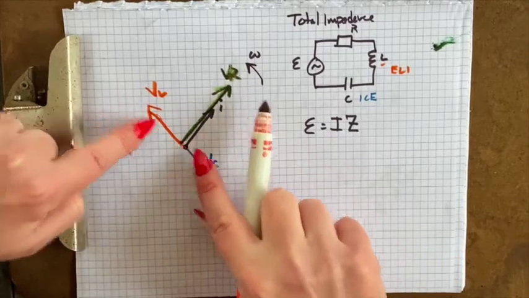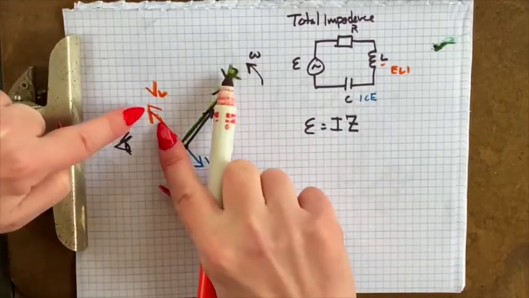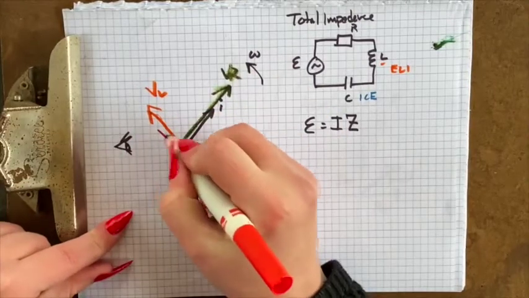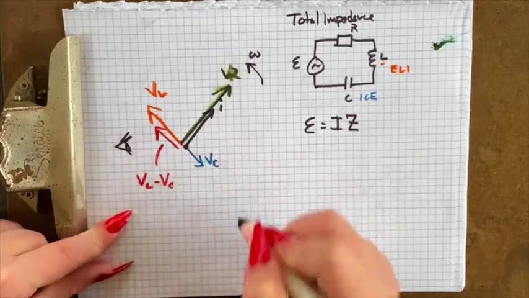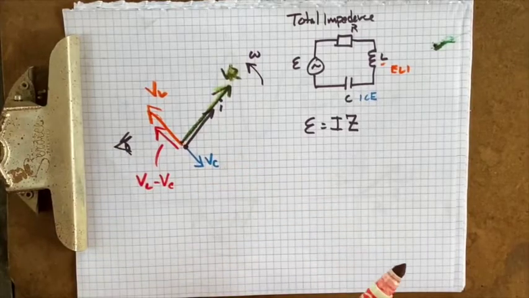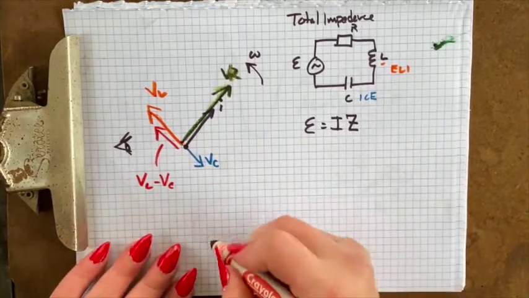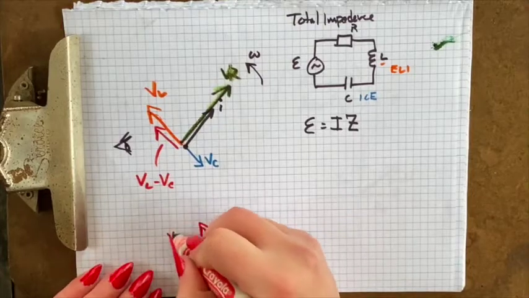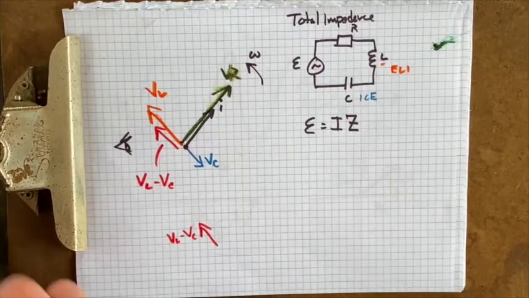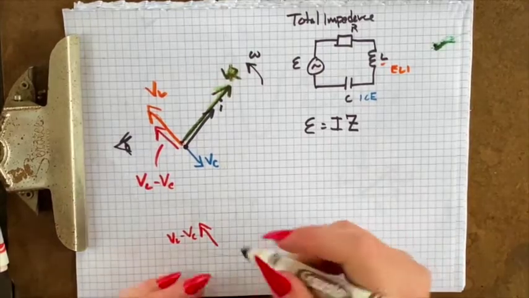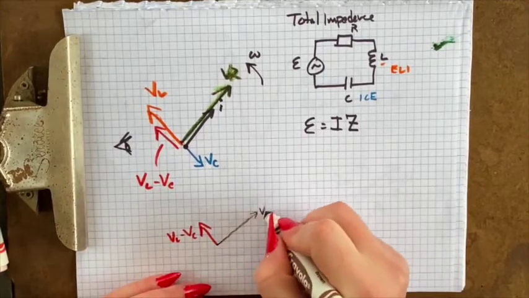If this is VL and this is VC, why don't we take away a little bit? That's VL minus VC. Now that might be more useful. Maybe I'll redraw it down here. This is VL minus VC, and then I've got VR up there.